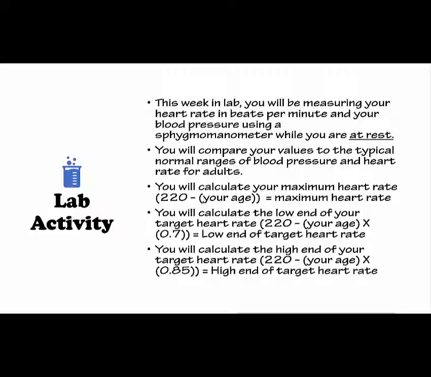You will then calculate the low end of your target heart rate by using the formula (220 minus your age) multiplied by 0.7. You can calculate the high end of your target heart rate with the formula (220 minus your age) times 0.85.